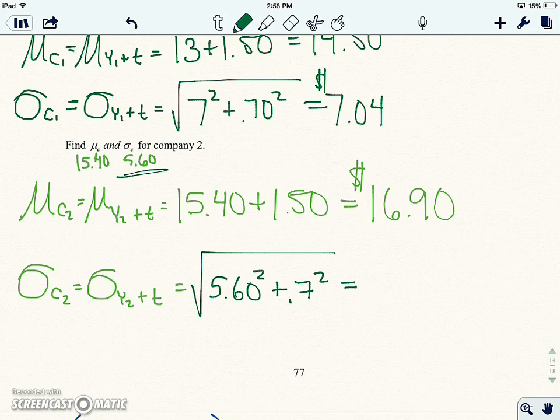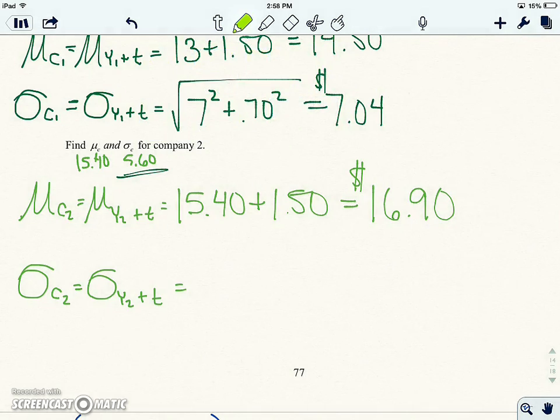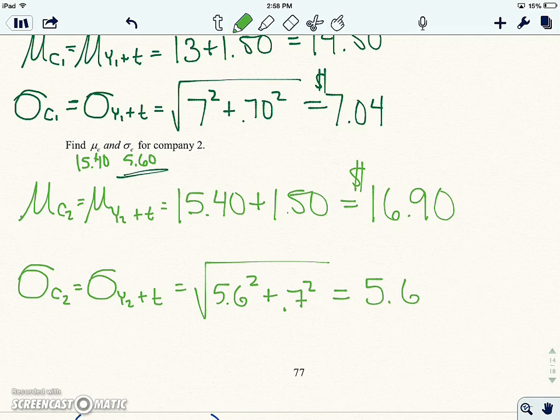And we square it. And that was the wrong color green. Oops. Again, square root. And you take standard deviation squared, or variance, plus standard deviation squared. The other word for that is variance. And we have a new combined standard deviation of $5.64.